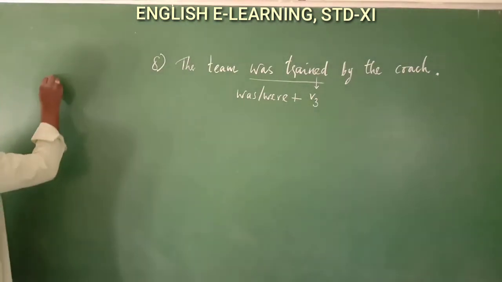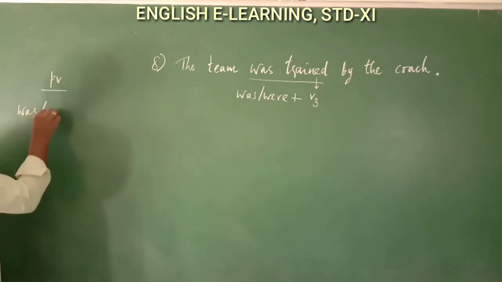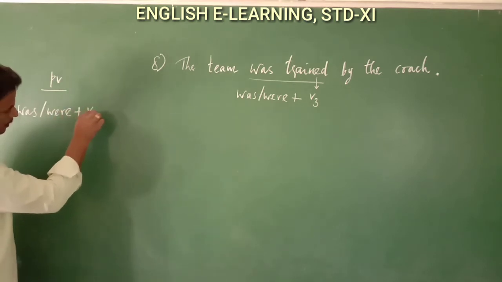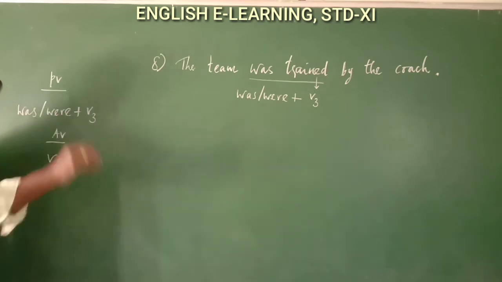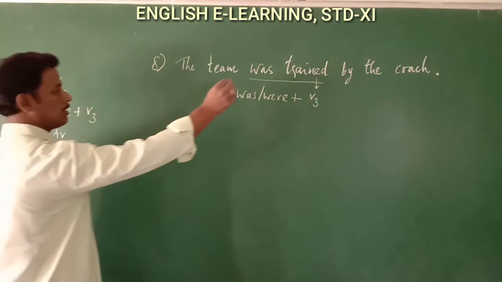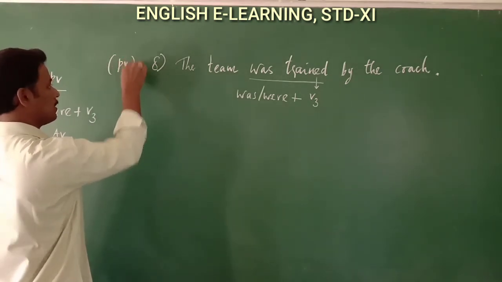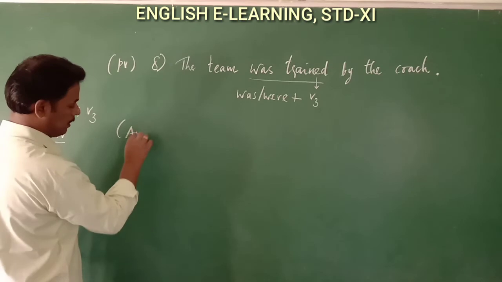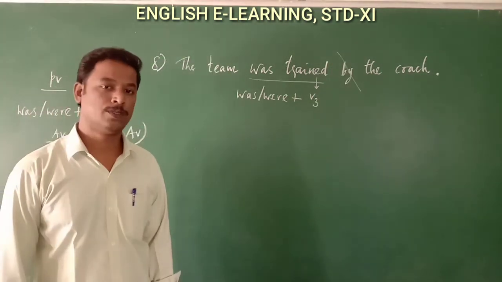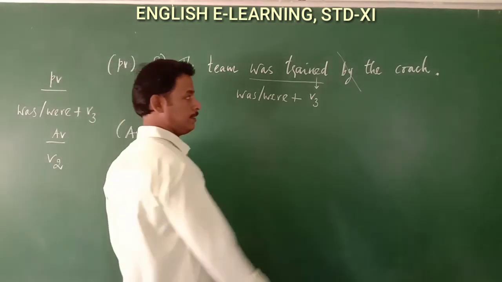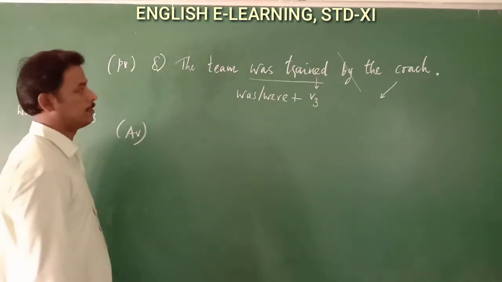What will be the rule? In passive construction, if we have was or were plus verb 3, in active construction we have the rule only verb 2. So was plus verb 3. That is why this sentence is in passive voice. And then the active form of this sentence: we have to remove the preposition by, and then bring the object first.